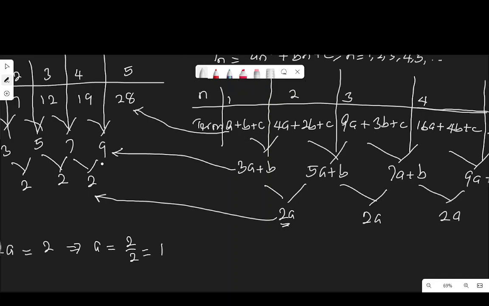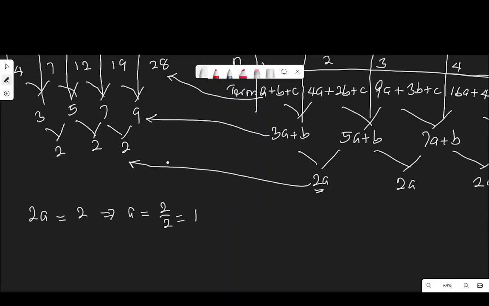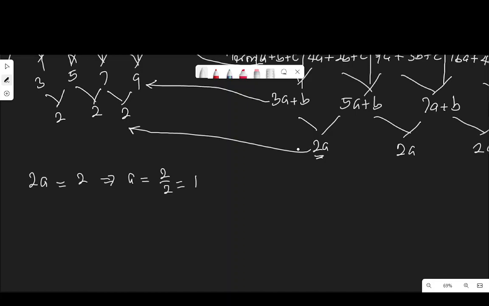So let's equate any of them. Let me use the second one, because any one we use, we are going to arrive at the same answer. 5a plus b corresponds to 5 there, so 5a plus b equals 5.